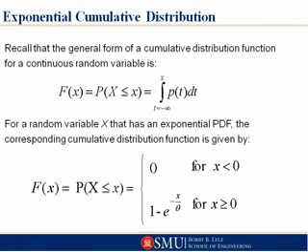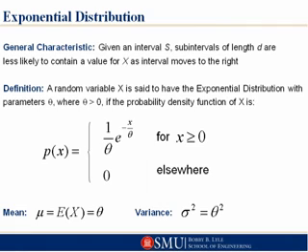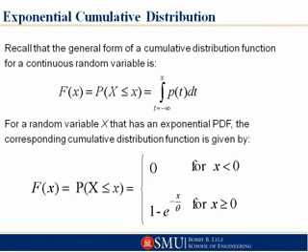If you did that integration using p of t defined in the previous slide as 1 over theta, e to the minus x over theta, you would find that your cumulative distribution for values of x greater than or equal to 0 is 1 minus e to the minus x over theta. You could use your calculus to show the mathematical proof that this is the cumulative distribution function for a random variable that follows an exponential distribution.